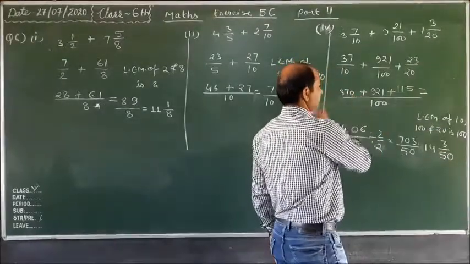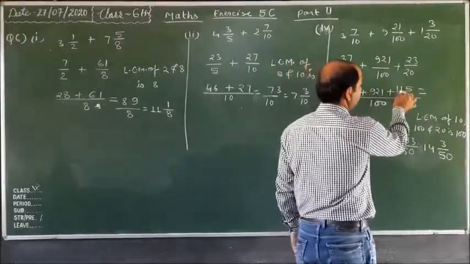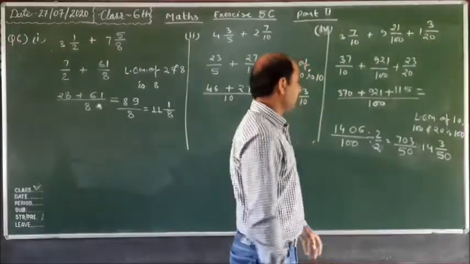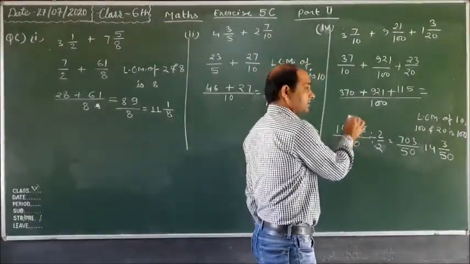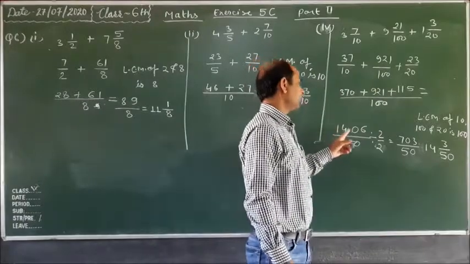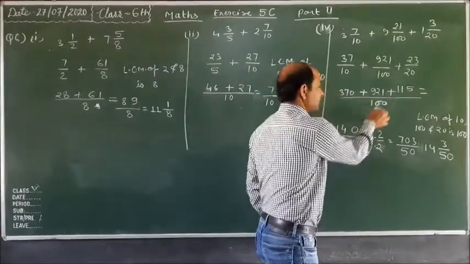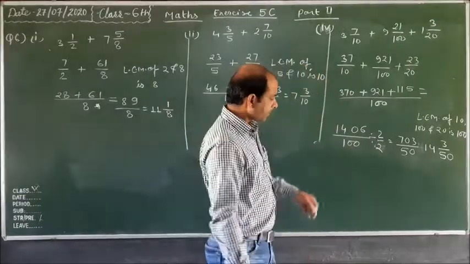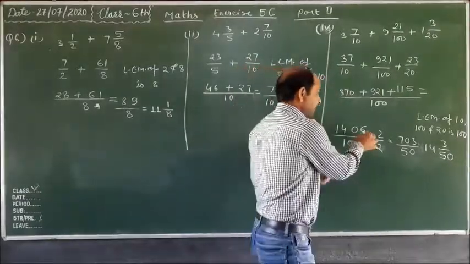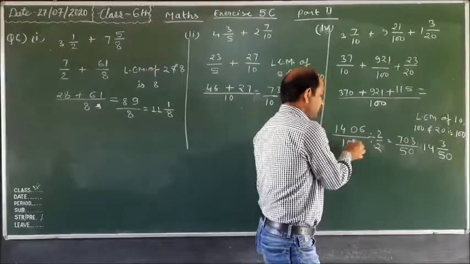Then 370 plus 921 plus 115 equals 1406 upon 100. Okay. Now dear children, here 6 is an even number and 0 is here.